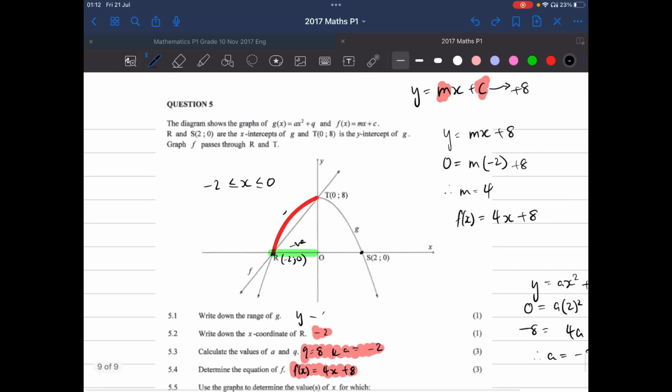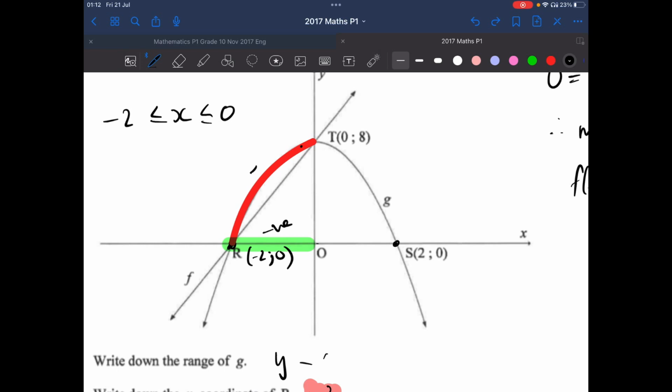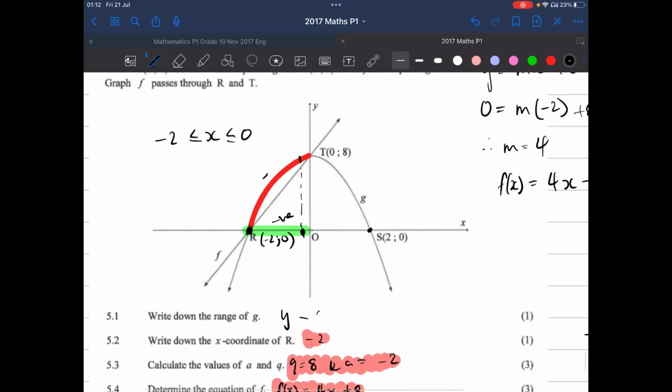If I take a random point here, I'll be multiplying a negative number, which is the x value, by a positive number, which is the y value of g of x. I will get something negative. And if I come down to the extreme here, I'll be multiplying 0 by 0 and I'll get 0. So that means that part works.